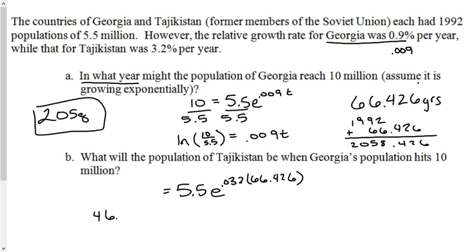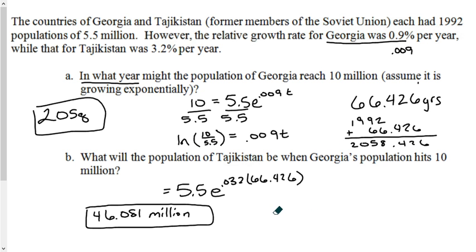That's 46.081 million people, or about 46 million. You could even just round that. So while they both had the same population in 1992, 66 years from now, Tajikistan is predicted to have way more people.